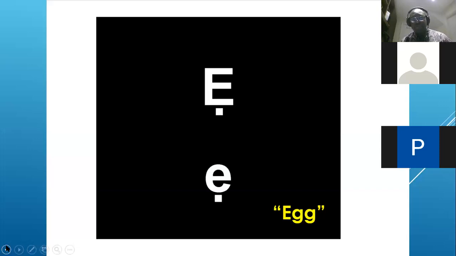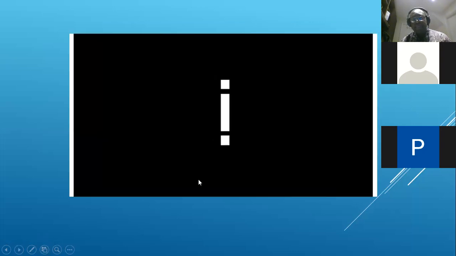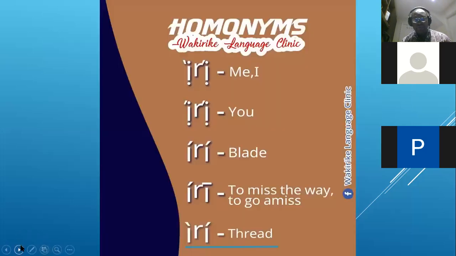So it's important to know the E is like egg, and then you have the I, which is the normal E sound. So the I is E, and then A for the I with a dot. So it's E, A, and then you have the 2 O's.